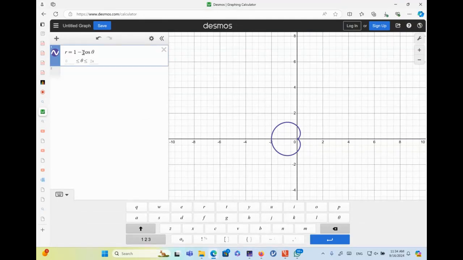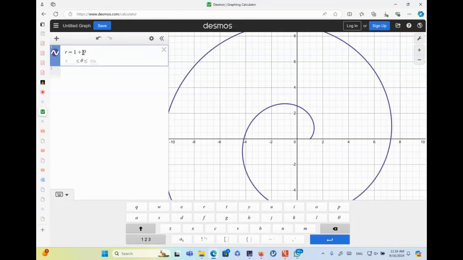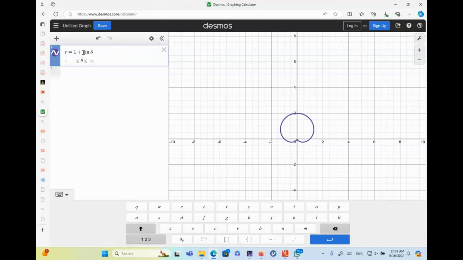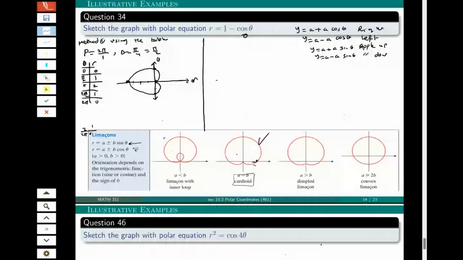And if we say plus, it will be apple on the right. If I say instead of cosine sine, it will be apple, but it is upward. And if it is minus, it's apple downward.